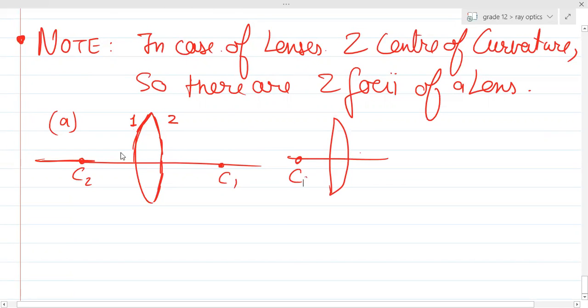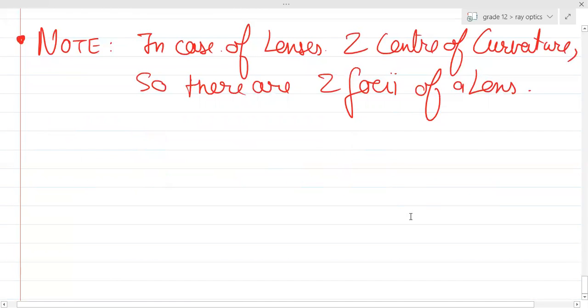Everyone knows this, don't draw it. In the case of plano concave or convex concave lenses, the centers will lie on the same side, right? We'll talk about it later, no problem. So there are two principal foci of a lens.